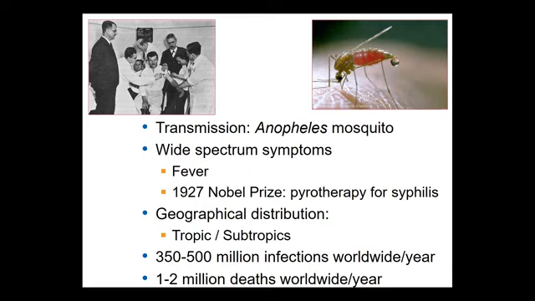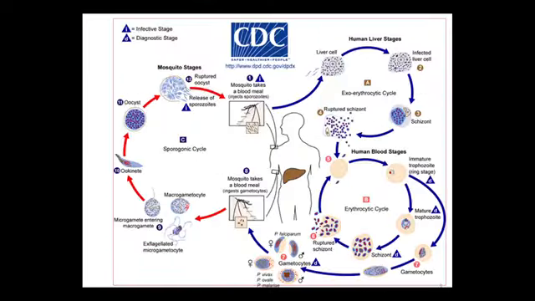But nowadays, due to anti-malarial campaigns, destroying mosquitoes' breeding places, chemoprophylaxis and other epidemiological measures, it is mostly spread in the tropics and subtropics. There are 350 to 500 million infections worldwide per year, and 1 to 2 million deaths per year.